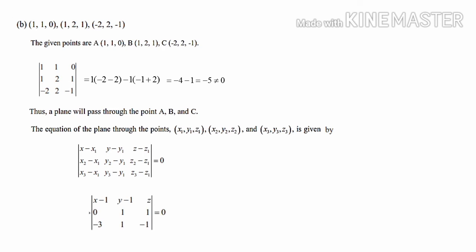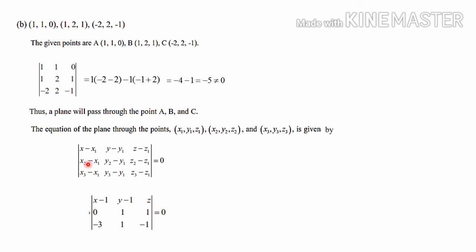Let's substitute it. The first point is x1, y1, z1, the second is x2, y2, z2, the third is x3, y3, z3. So x minus x1 is x minus 1, y minus y1 is y minus 1, z minus z1 is z minus 0, which is z.